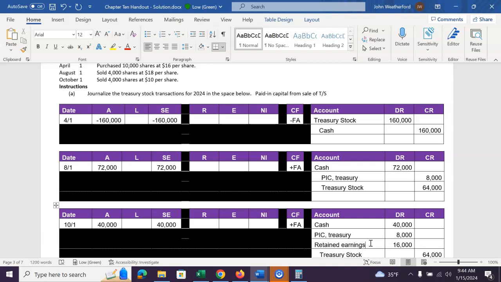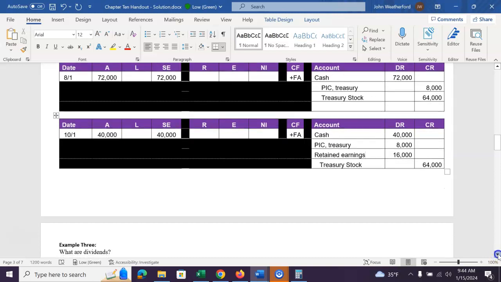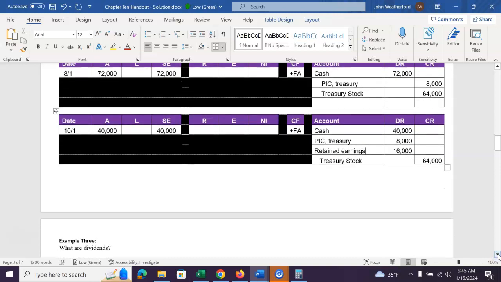Right? So let's keep moving here. What's next? Example 3, what are dividends? Well, dividends are just a return of the profits earned by the corporation to their shareholders.